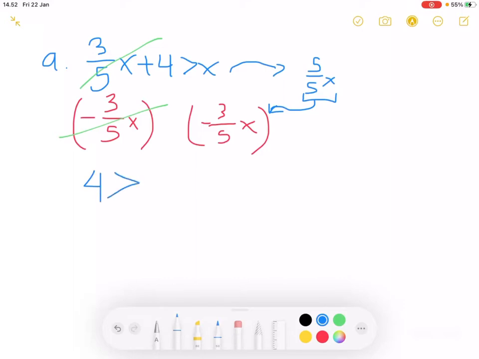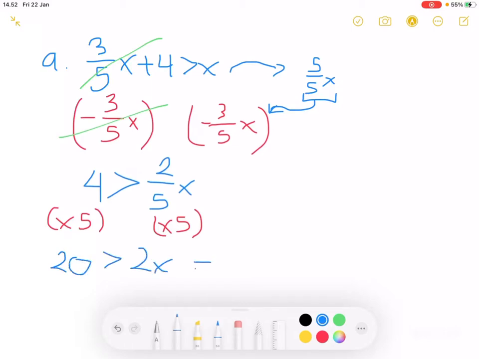We have 5 over 5x minus 3 over 5x, which is 2 over 5x. And then we can just multiply by 5 real quick. So we have 20 on the left hand side is greater than 2x. Dividing by 2 on both sides, we get that 10 is greater than x. And then if we just flip this, we get x is less than 10.